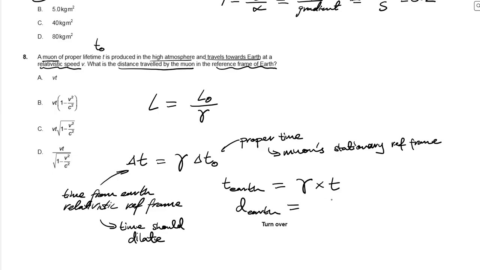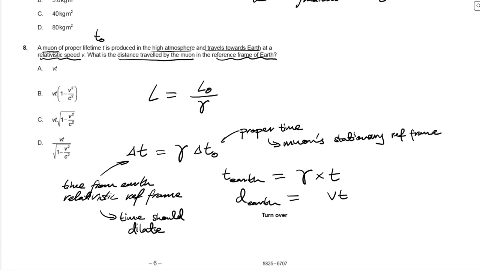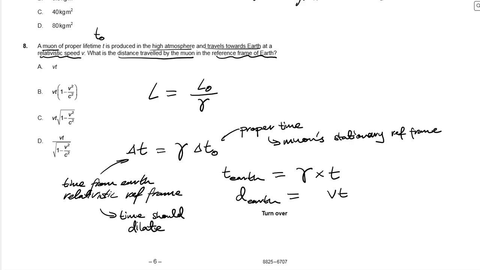So then we just multiply by v, which is the relativistic speed of the muon, from the reference frame of Earth. So everything is in terms of the reference frame of Earth, and we have the Lorentz factor, which just becomes 1 over the square root of 1 minus v squared over c squared. And so we can already see it's D, right?